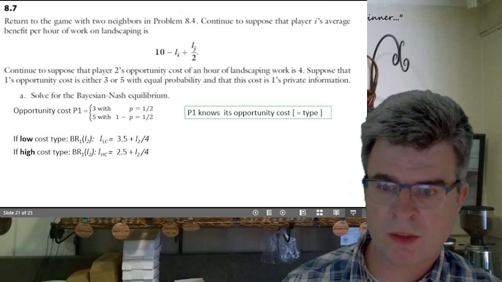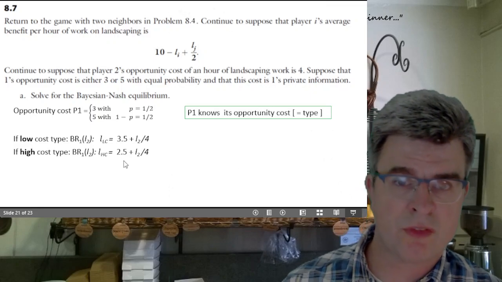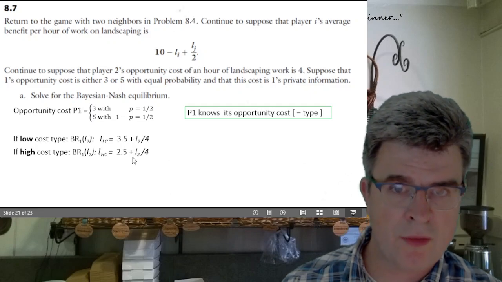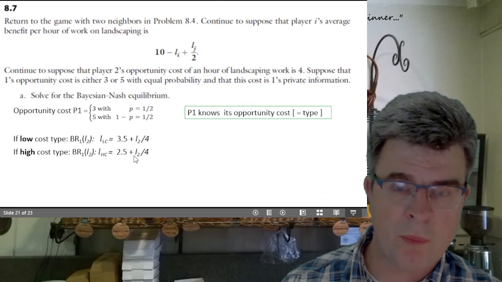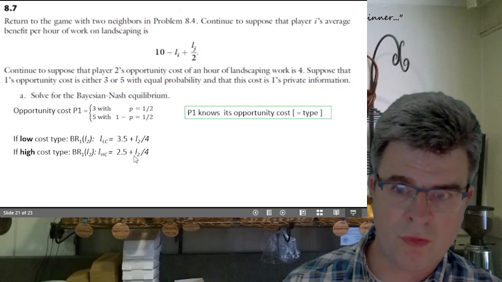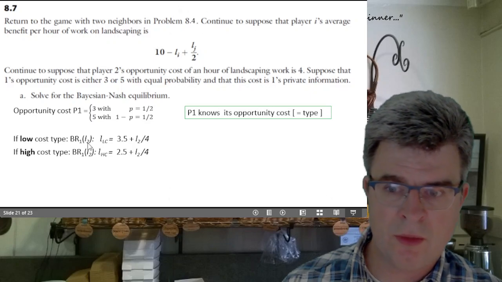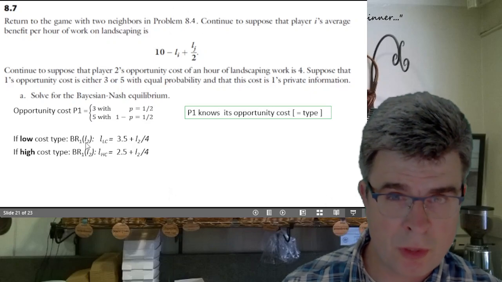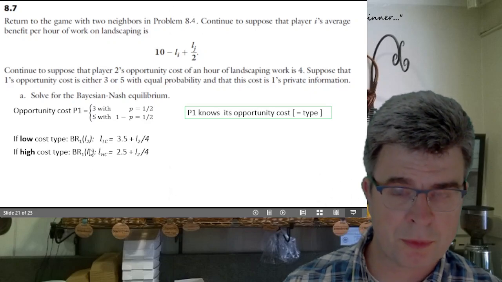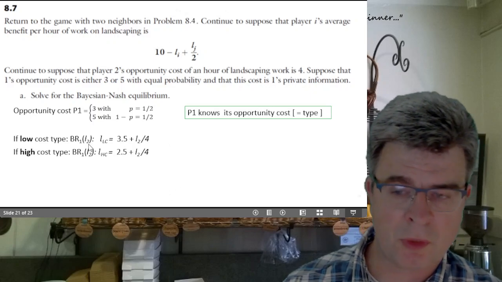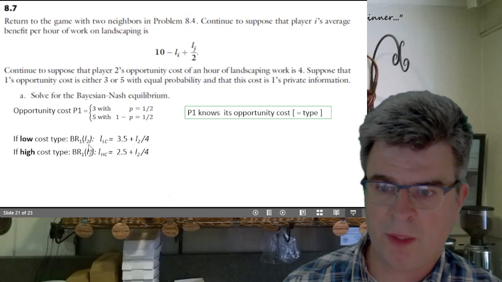So if you're of the high cost type, you start out with a base level of 2.5 instead of 3.5, and your effort is increasing with 1/4 of the effort level of the neighbor. And player 1 again knows which type he is, so he knows his best response function, but neighbor 2 does not know which is the actual best response function of neighbor 1.